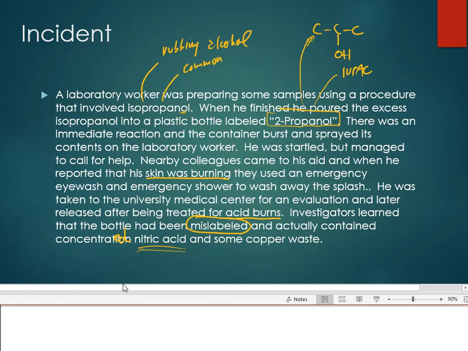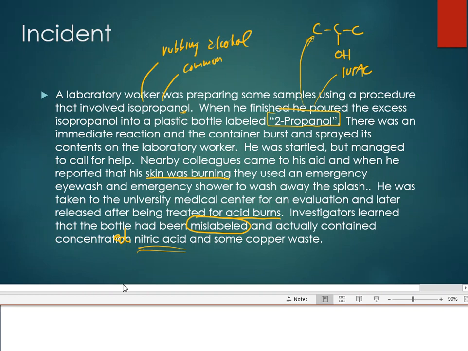Again, I've constantly said it over and over. Many times, it's not what you have done in the lab. It's what someone else has done in the lab prior to when you arrived, or prior to your shift, or prior to when you came into the laboratory to do what you needed to do for that day. So make sure that you are disposing of chemicals in the proper way.